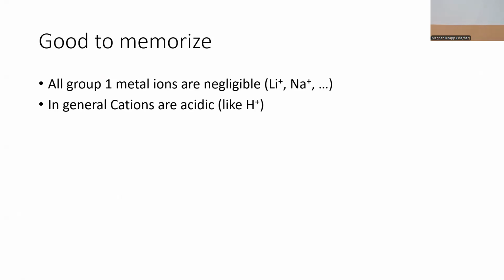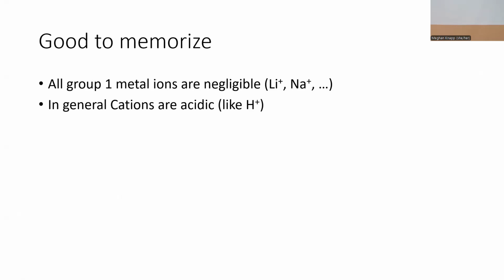So aside from group 1, if your salt has some sort of cation attached to it, you're going to assume that it's acidic. Like I said, there are some in group 2 that fit into that category. I think barium is considered to be negligible. I'll avoid asking about group 2. But if it's not a group 1 metal, assume that it's at least a little bit acidic.